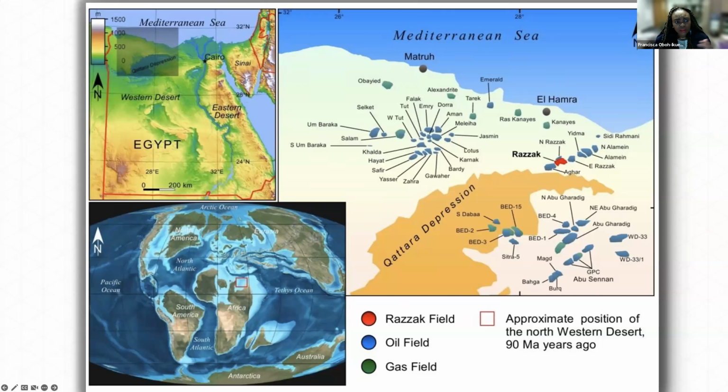And in this particular slide, it shows the paleogeography during the Cretaceous, because that was the time the sediments were laid down. So there was transgression in that area. And it shows the approximate location of the Northwestern Desert.